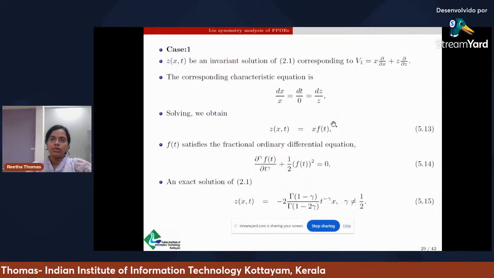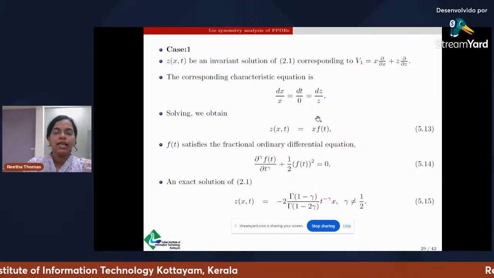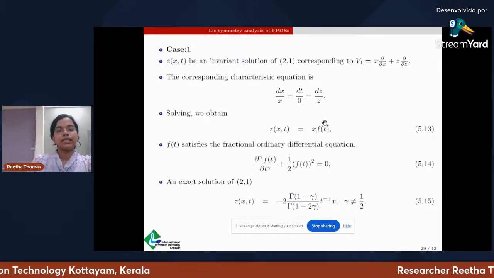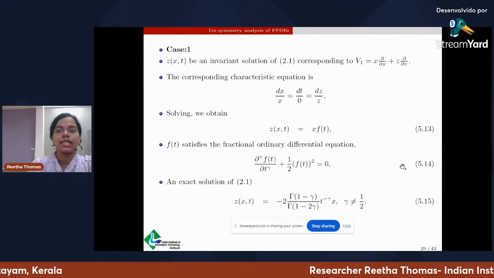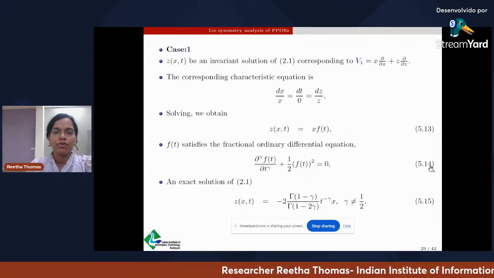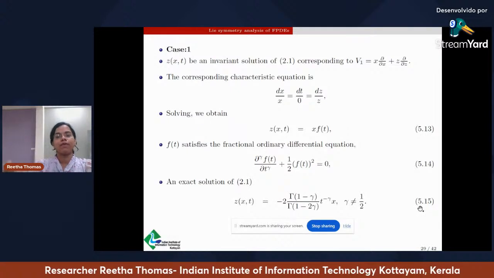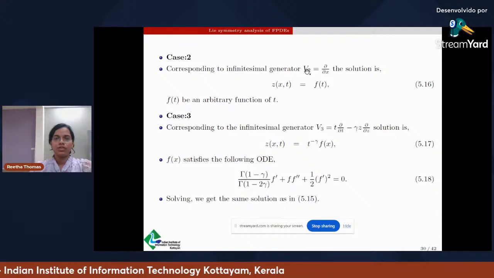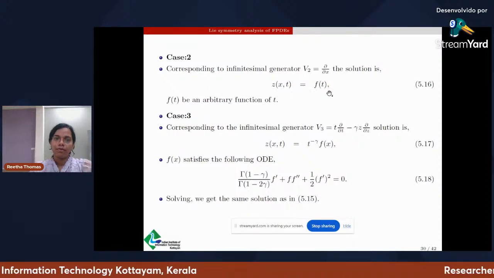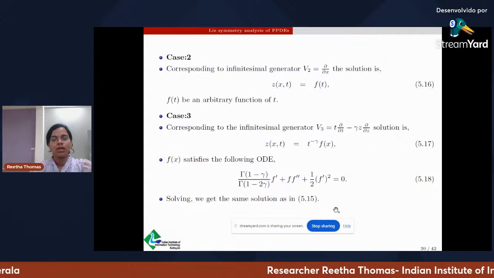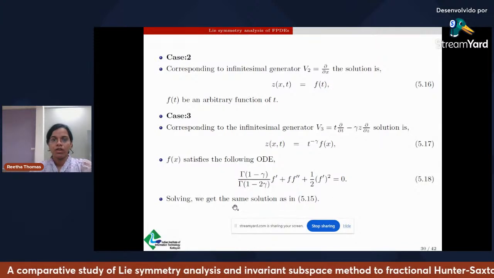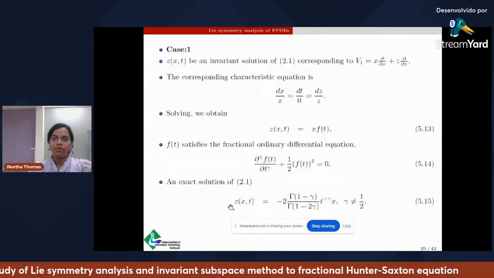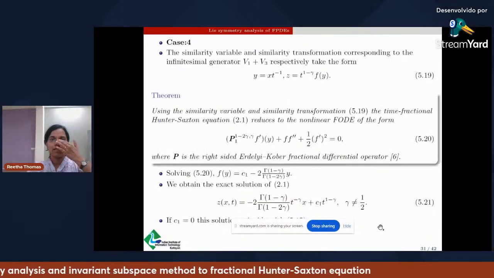Substituting this into the original PDE, f of t must satisfy the fractional ODE 5.40, and solving this we obtain the exact solution of the fractional HS equation as 5.50. Similarly, using V2 we can obtain the solution f of t, and with V3 the same solution as 5.50 can be obtained.